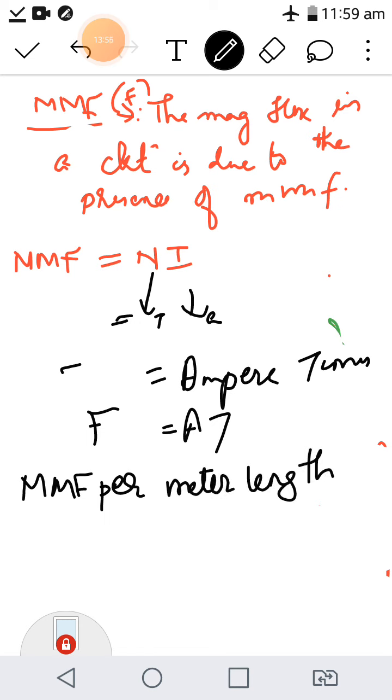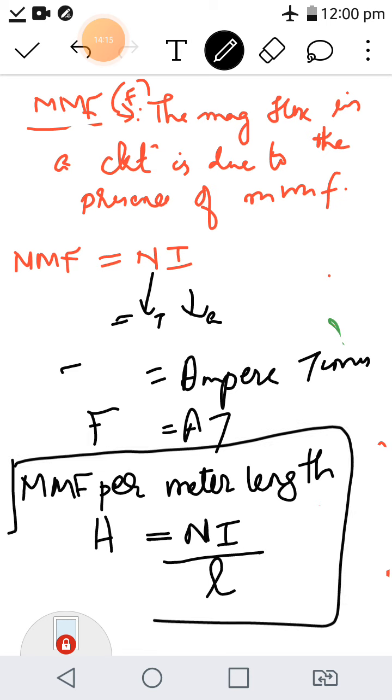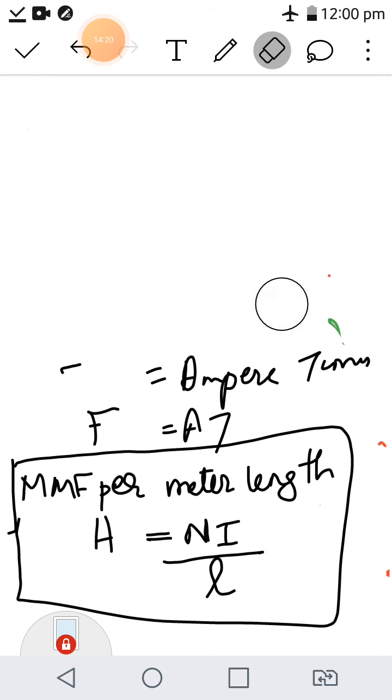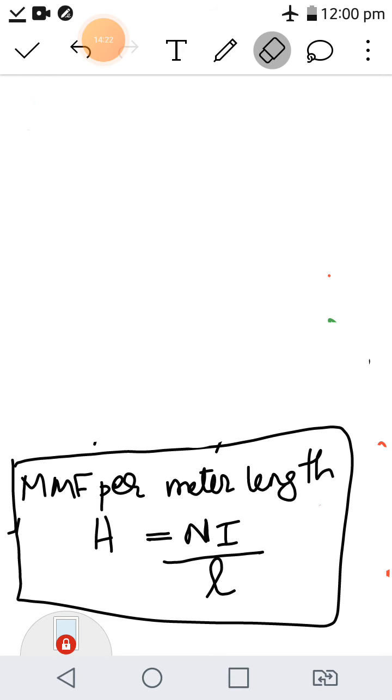That is, MMF is N into I, and L is the length of the circuit, so in a particular length, how much is the MMF? That's the meaning. That is termed as the magnetic field strength, denoted by the letter H. MMF per unit length. How much is the MMF acting in a short length? That is known as the field strength.